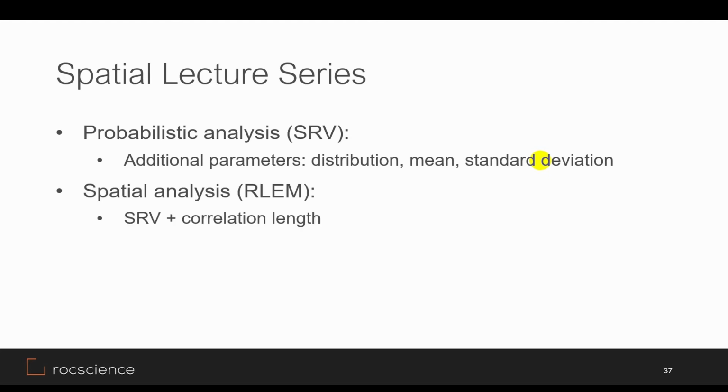In the second video, we talked about spatial analysis, or the random limit equilibrium method, and we talked about that the only additional parameter you need to go from SRV to RLEM is correlation length in the x and y directions. And another thing we've tried to stress is the importance of considering cross-correlation in your models. So a full analysis should consider both spatial analysis and cross-correlation.